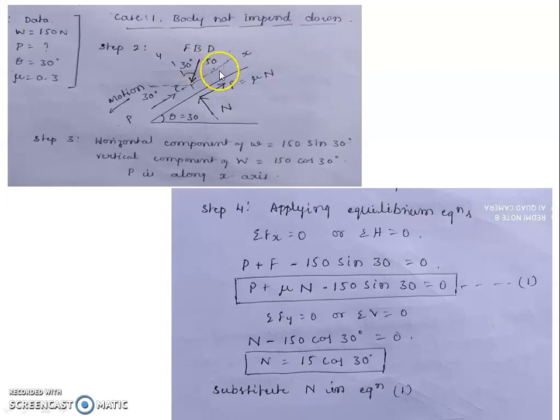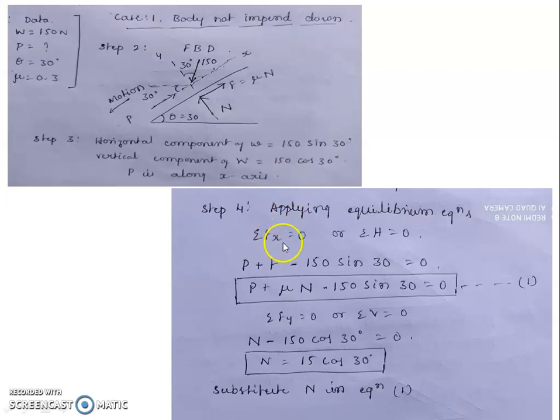Horizontal component is W sin 30 along this axis. This is considered as x-axis, and it is also parallel to the inclined plane. I am resolving forces parallel to the inclined plane along the x-axis. And P is along the x-axis, so it won't require any horizontal and vertical component.